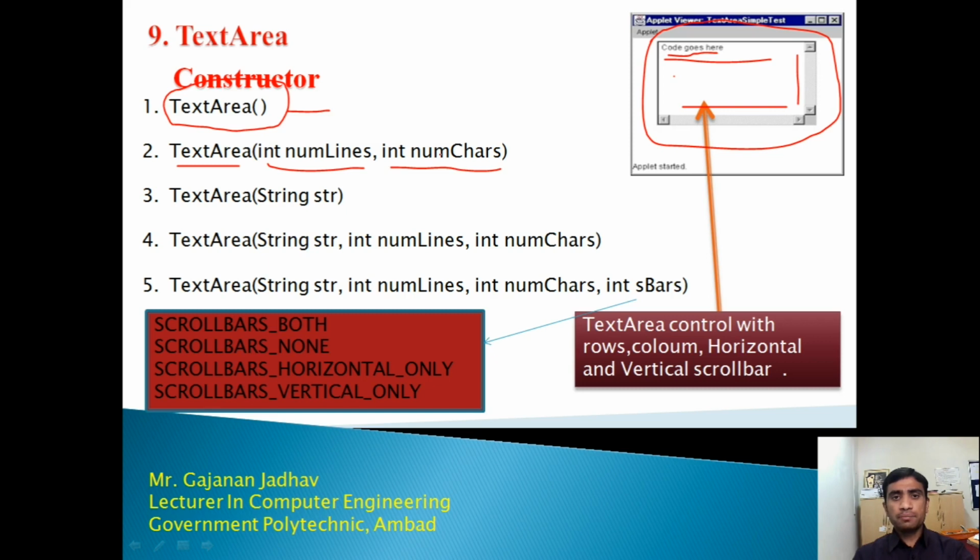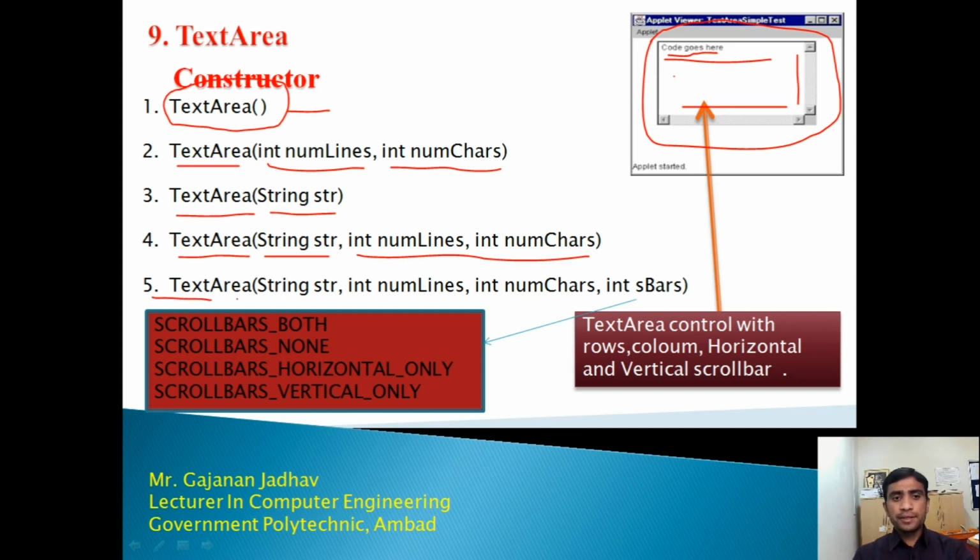Number of lines and number of characters means what? Width and height of the text area. Third constructor will create a text area with specified text. Fourth constructor will create text area with specified text and specified number of lines and number of characters, that is the width and height of the text area.